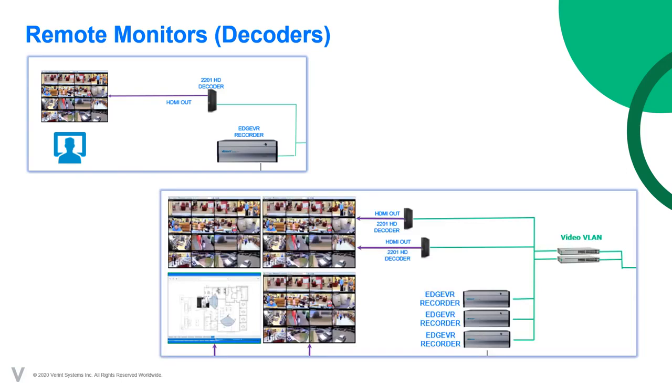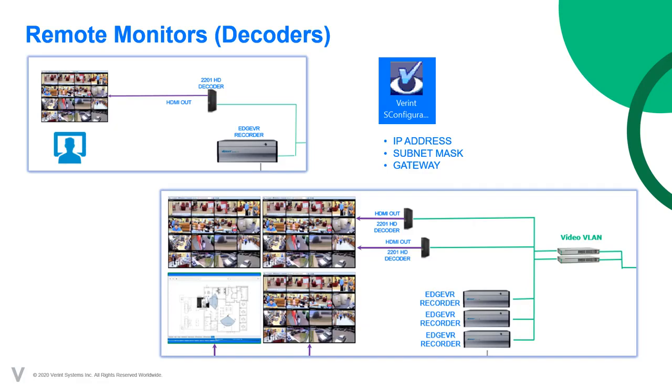Each S2201 decoder must be network accessible by all edge VRs providing video to that location. Before we configure remote monitors using decoders, use Variant S Configurator to set the IP address and subnet of the Variant decoder and verify that the decoder is accessible by all edge VRs. This process is reviewed in other modules within this Guard Center course.